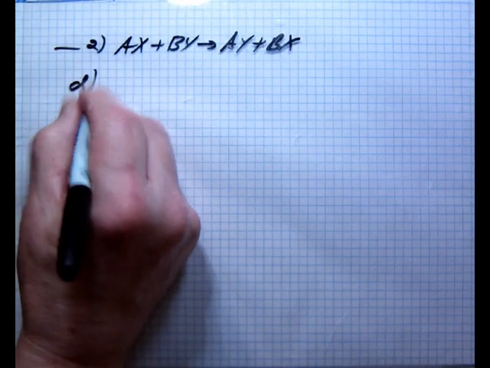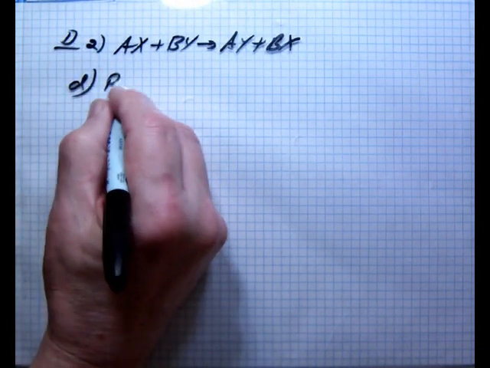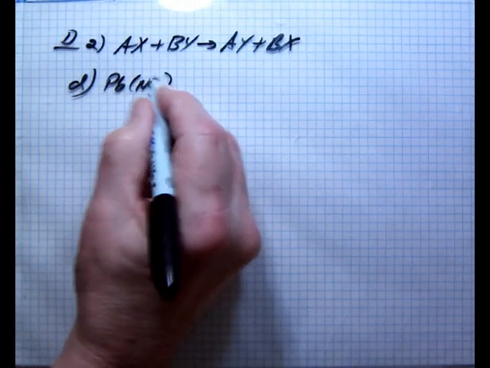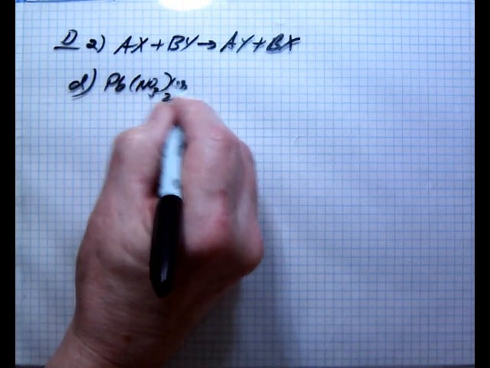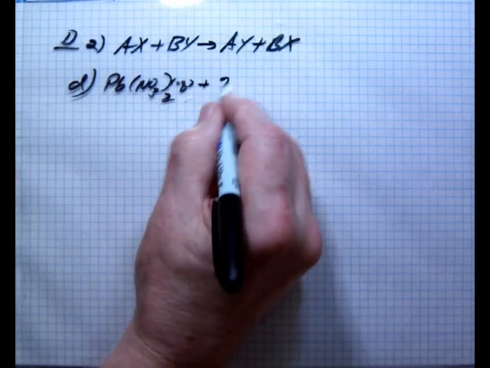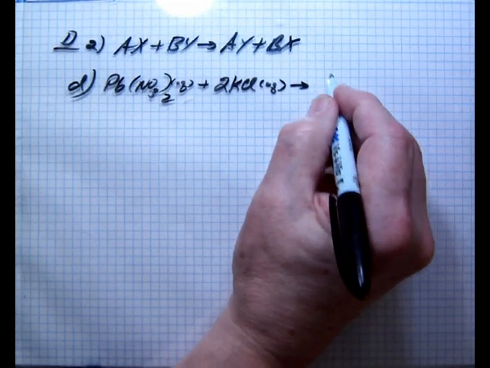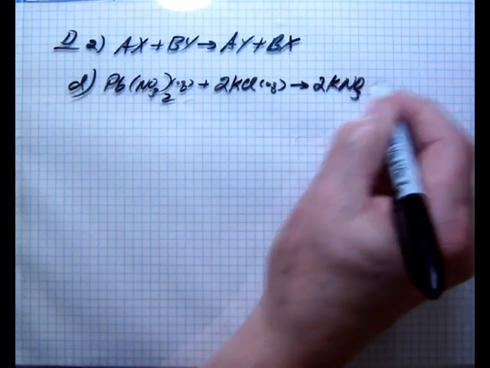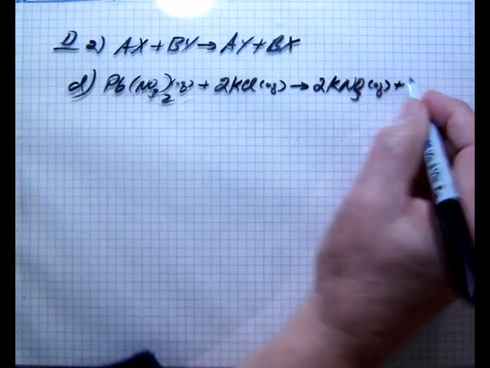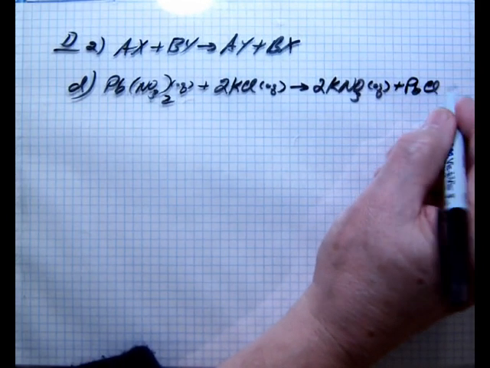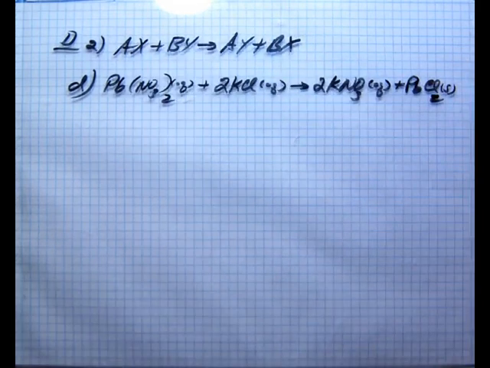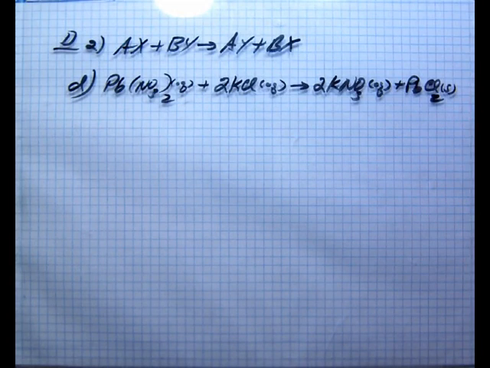So the D choice was lead nitrate and potassium chloride goes to potassium nitrate, also aqueous, and the driving force is lead chloride, a precipitate. Mercury, silver, lead halides are insoluble, and that represents the driving force of that reaction. Okay.